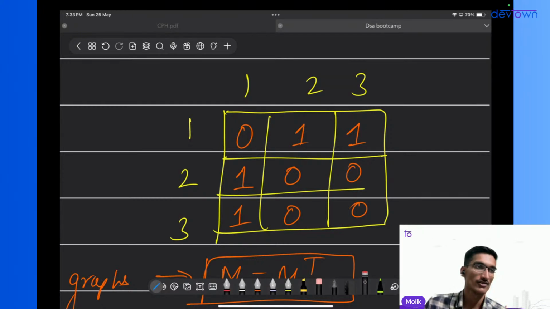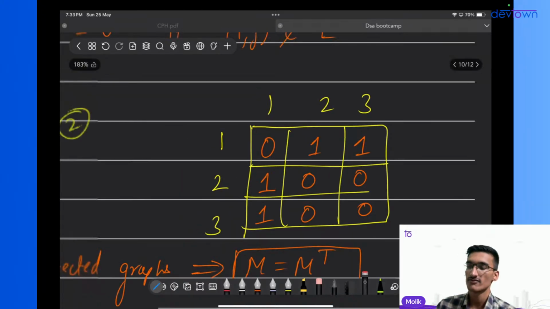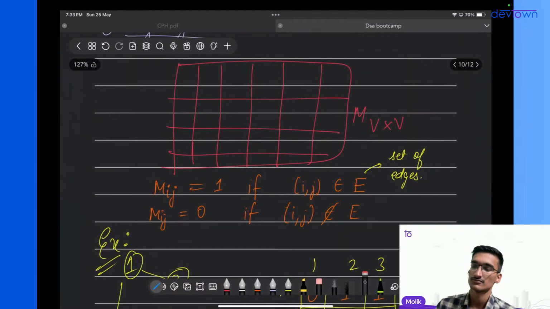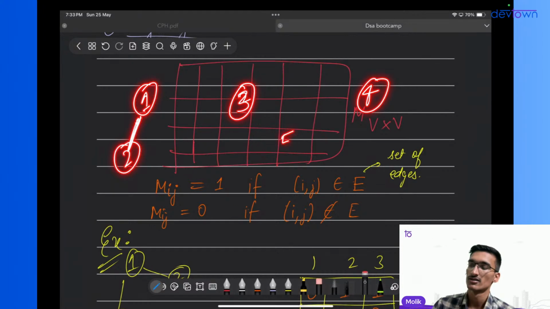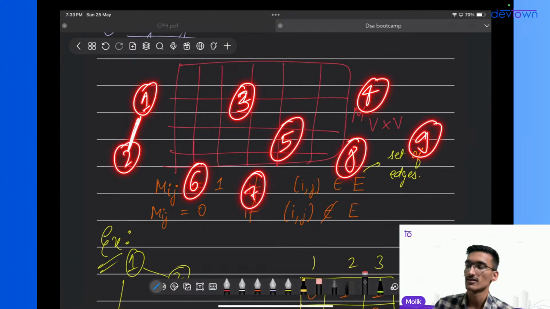And many of you also said matrix, like Saurabh and Shraddha and Priyadarshini. See, if I ask you, in your representation, I have 1 and 2 connected like this, and then I have 3, 4, 5, 6, 7, 8, 9, 10.